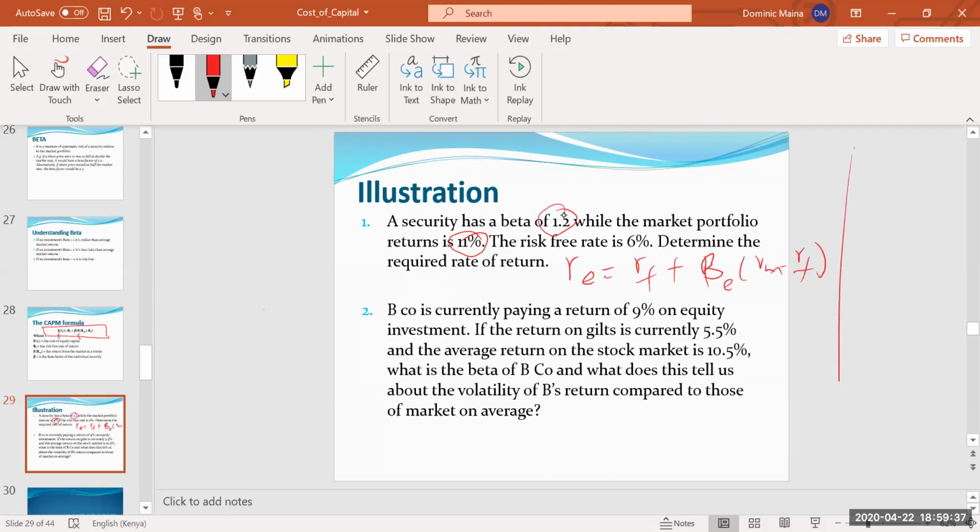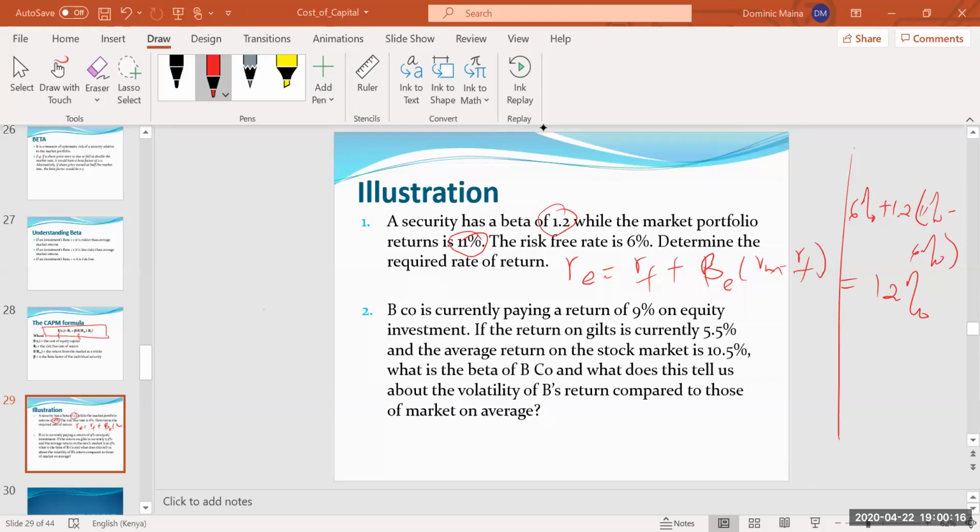Therefore, this will be equal to the risk-free 6% plus the equity beta of 1.2 times the return on the market, 11%, minus the risk-free rate, 6%. 11 minus 6 gives us 5%. 5% times 1.2 gives us 6%. 6% plus 6% gives us 12%. The cost of equity therefore is equal to 12%.